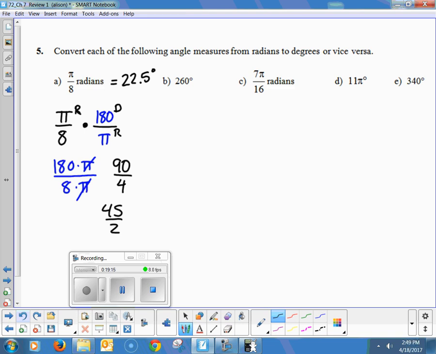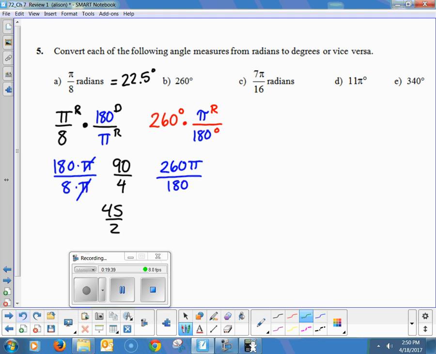260 degrees. So we have 260 degrees, and since I want radians, I want to multiply it by radians over degrees. And I happen to know that pi radians is 180 degrees. So when I multiply these things, I get 260 pi divided by 180.